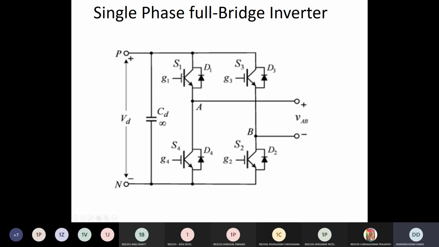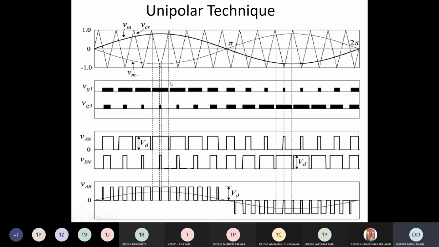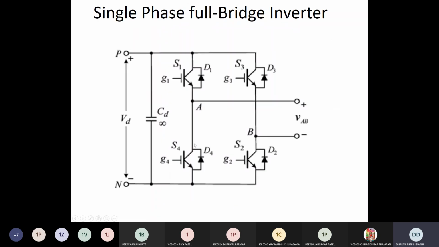So exactly complementary of this gate pulse VG1 is VG4, which is not shown here, and that gate pulse is applied to switch S4, because S1 and S4 must be turned on complementary. Otherwise, your supply will be short circuited. In the same way here, S3 and S2 switches must be turned on in a complementary fashion. Clear? So for S1 we get gate pulse VG1, and exactly complementary is for switch 4.